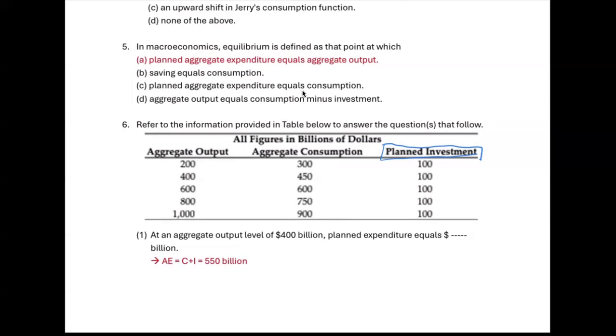So let's look at this table, and there are several equations that you need to memorize. Firstly, the aggregate expenditure equals, let's just write the full name, aggregate expenditure equals the aggregate consumption plus the planned investment.